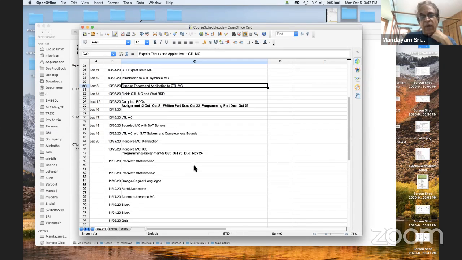If you take any one of those courses, you will certainly get exposed to Büchi automata and LTL model checking from an automata theoretic point of view. But for completeness' sake, I will have a few classes towards the end to cover that. Predominantly, I will be covering various variations of symbolic model checking algorithms.